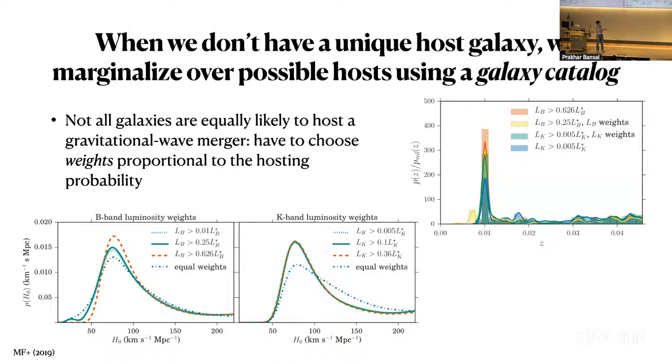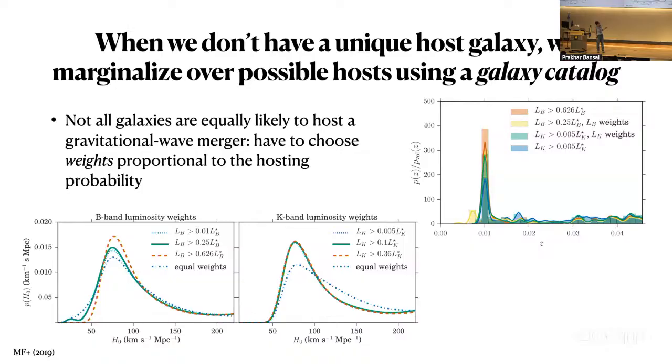If you had infinitely dense galaxies, completely randomly distributed in volume, this would be completely flat and you would never have any information about what your Hubble constant is. But the fact that there are some peaks in here is what gives you the informative measurement.